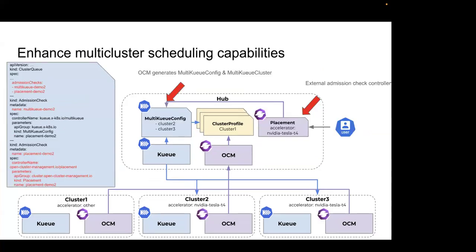Next is how we enhance the multi-cluster scheduling capabilities. As I talked about on the first page, Placement is a concept in OCM. In Placement, the user can define strategies to select clusters. For example, they can define label selectors, taint tolerations, or prioritizers to sort the clusters. All the scheduling results are put in the PlacementDecision.